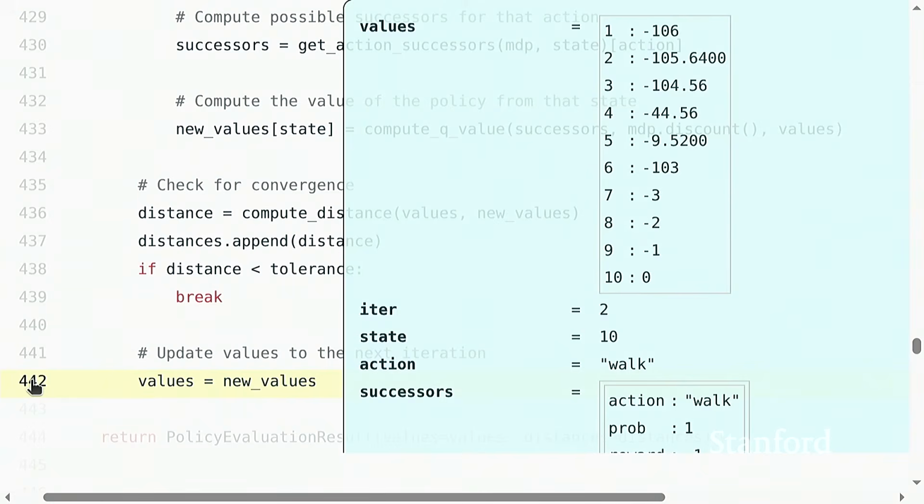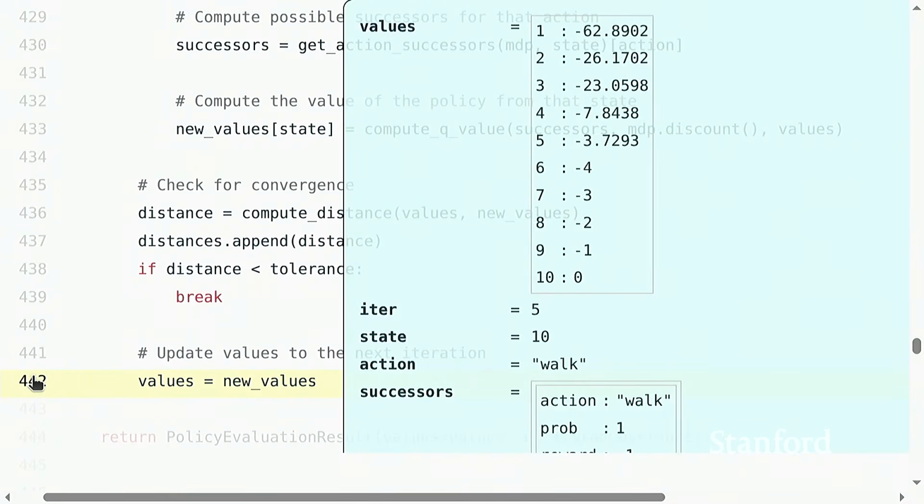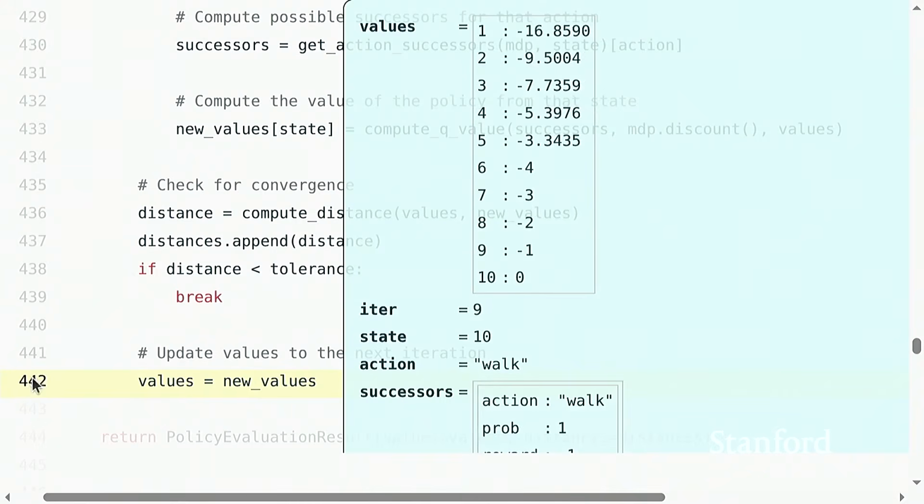So if this is still, I don't know how to go from state 1 to state 10 in 2 steps. That's impossible, right? So this is still like minus 106. And then eventually I'm able to figure out how to get there, and now things start decreasing kind of exponentially from there.